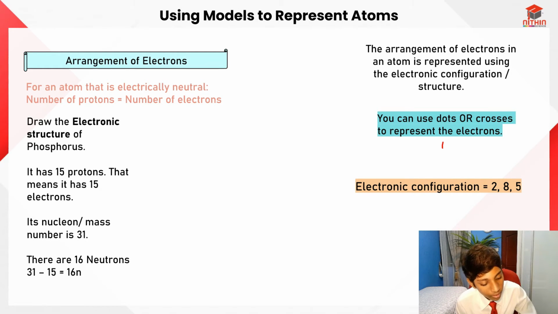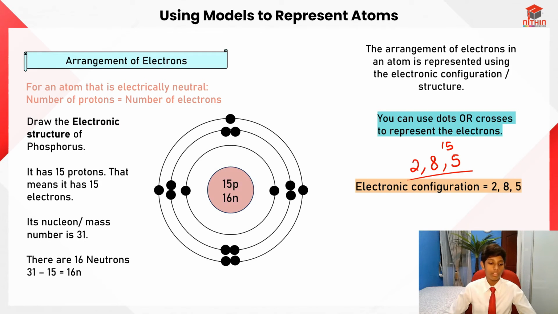So 15 minus 2, because the first shell can only hold up to a maximum of 2. 15 minus 2 is 13, and the second shell is 8, so 13 minus 8 is equal to 5. So the last shell holds 5 instead of 8.